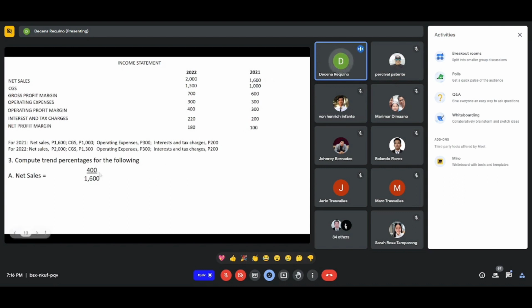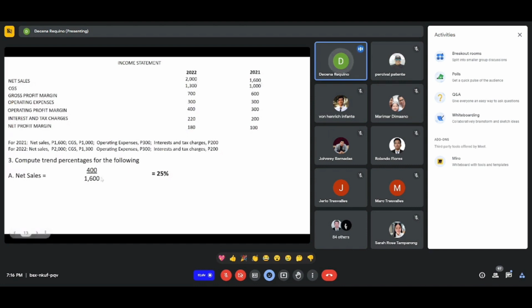So kaya yung numerator natin is 400 divided by yung base, ang tawag dito? Yung value ng 2021 na 1,600. So meron tayong net sales percentage increase na 25%. So yung 400, yung difference ng 2022 na 2,000 less 1,600.